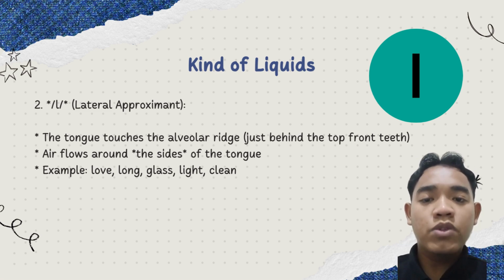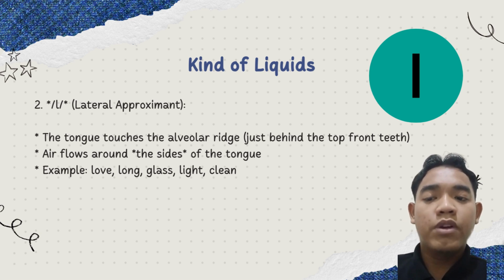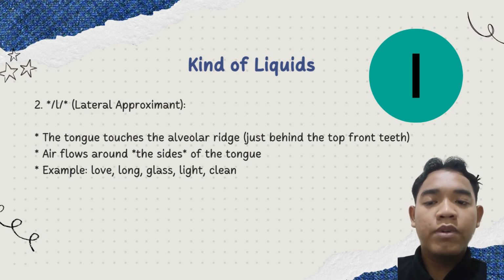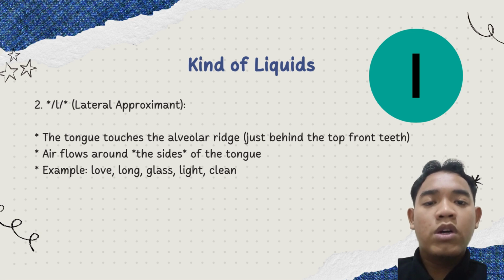Okay, how to pronounce the lateral approximant. First, the tongue touches the alveolar ridge just behind the top front teeth, so place the tip of the tongue behind the upper teeth or on the alveolar ridge. The second, airflow around the sides of the tongue.